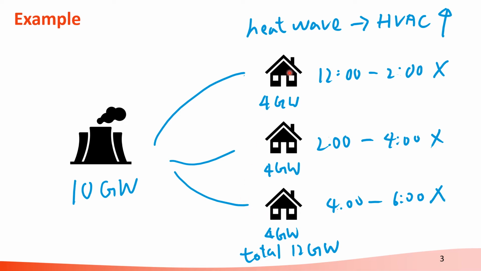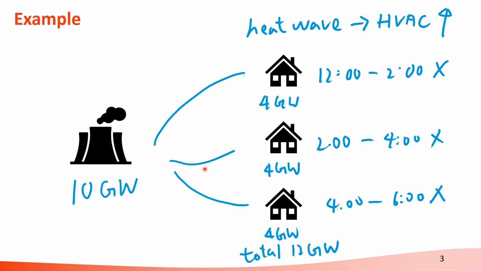However, when the three users turn on all of their HVAC systems, the power company cannot produce enough electricity for these three families. So the 10 gigawatts of power generation cannot satisfy the 12 gigawatts of demand. So the power company can use load shedding to balance the load and supply.